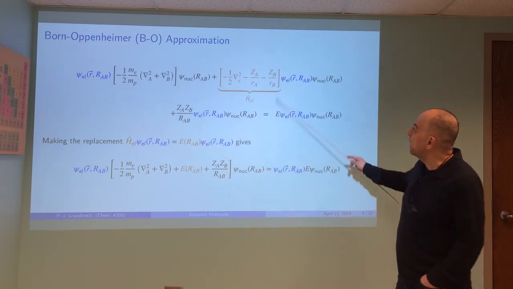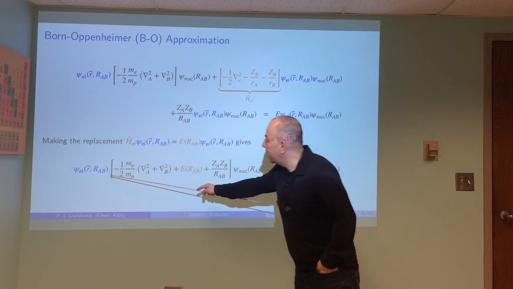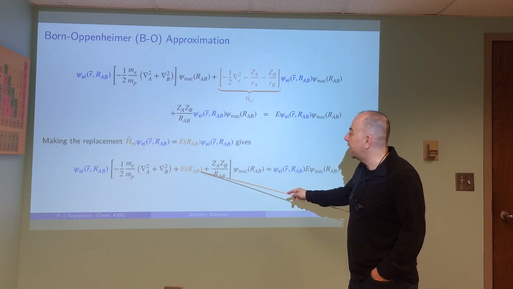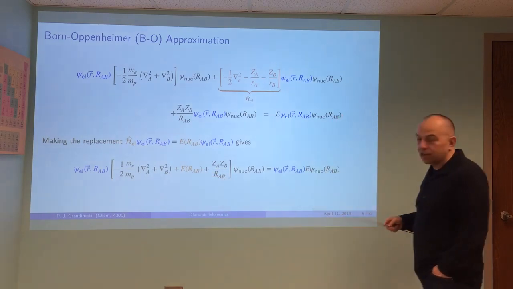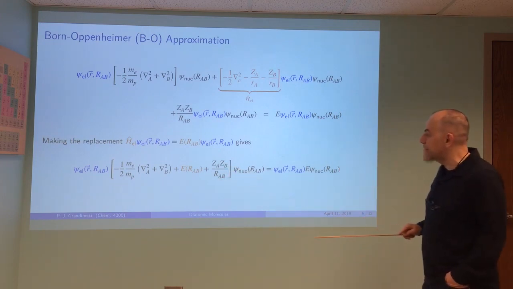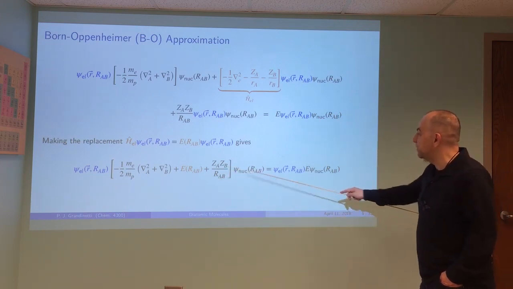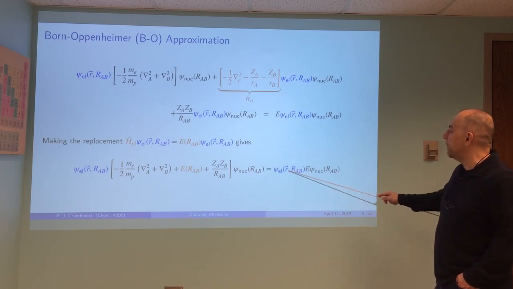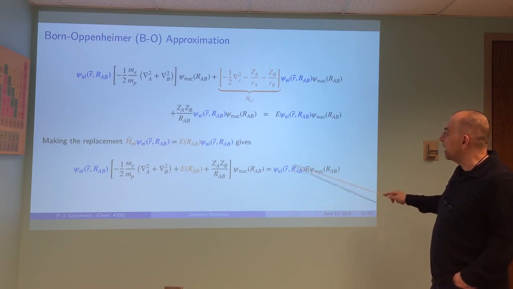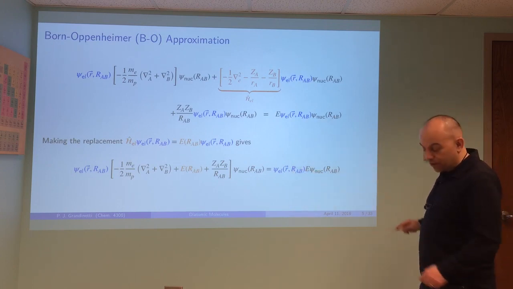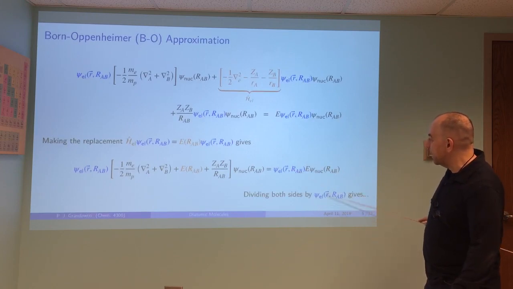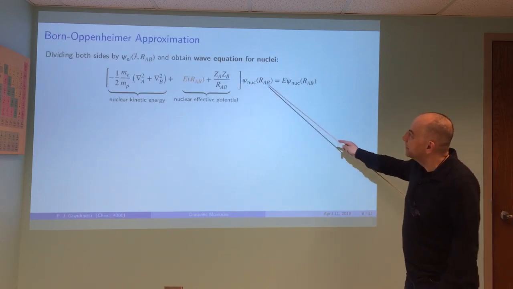Now, when I bring this all together, I still have this term out there, the kinetic energy for the nuclei. I have this term, which is the electronic energy for that fixed distance. Then I have the Coulombic repulsion term between the two nuclei, operating on the wave function, and then I get back the wave function times the energy. I'm going to pull the psi function out because these are not operators on this side. So I can divide by that, and I get rid of it.